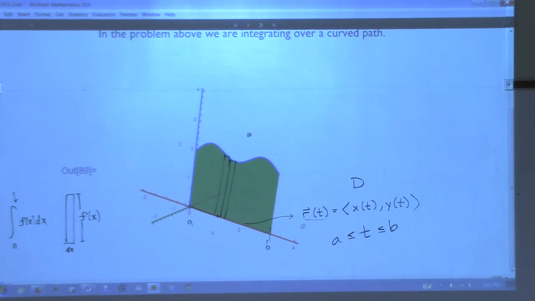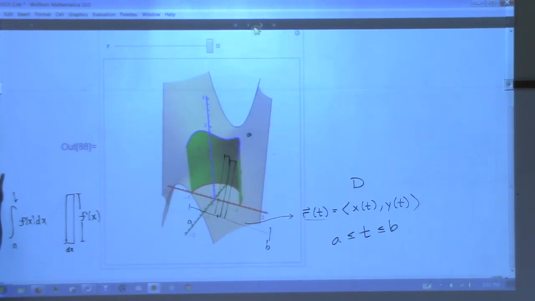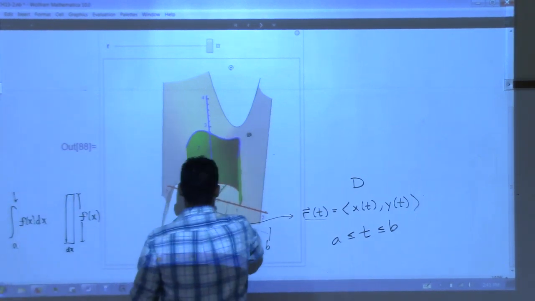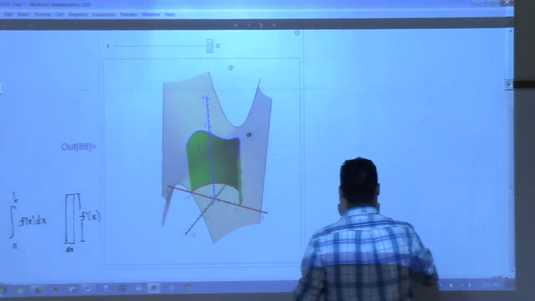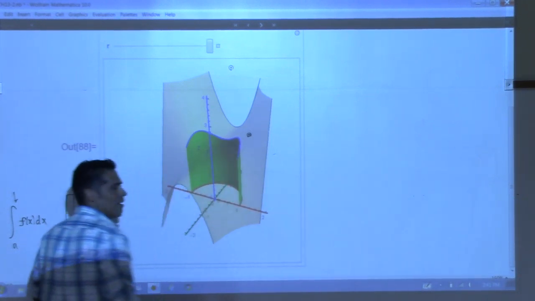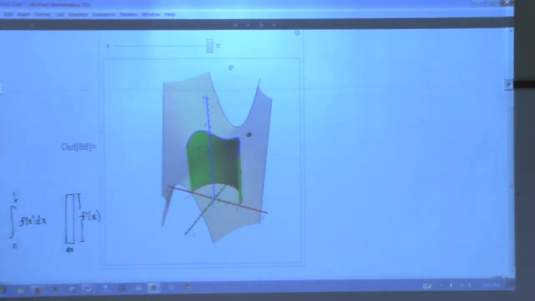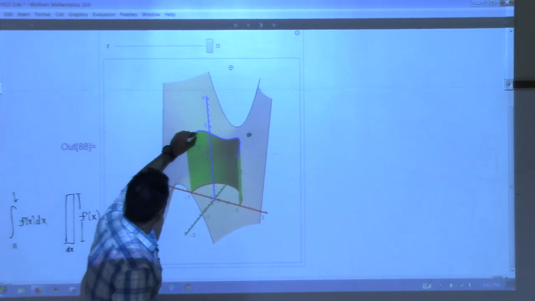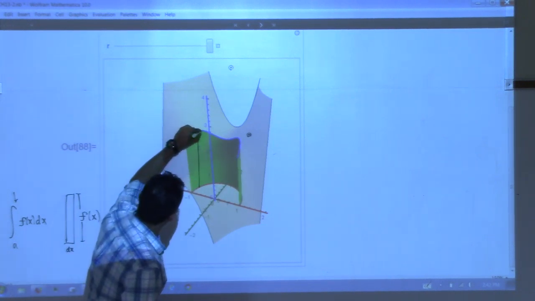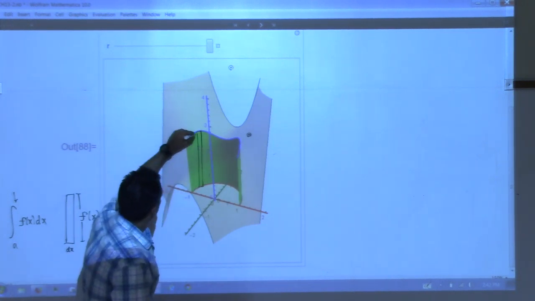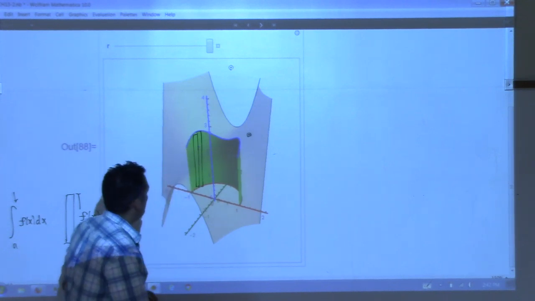So what changes now? What's going to be the big difference? Let's go back to the picture of the curved looking one. Yeah, our domain on the ground is no longer a straight line. So I still want to imagine cutting this into rectangles, like that.